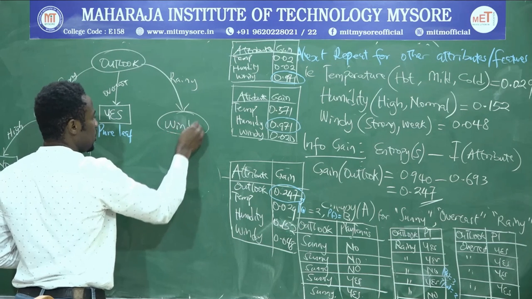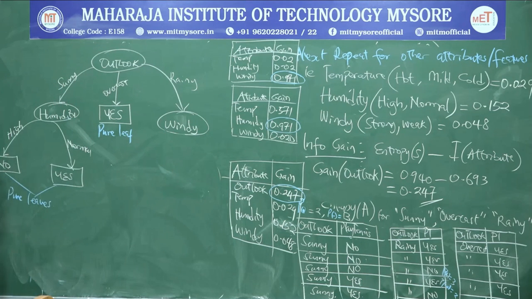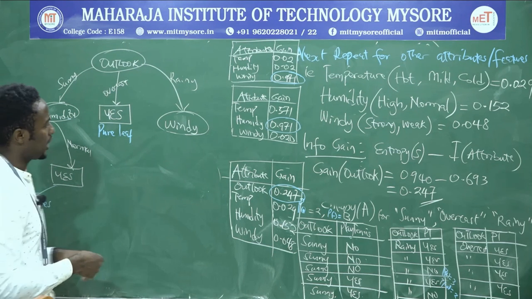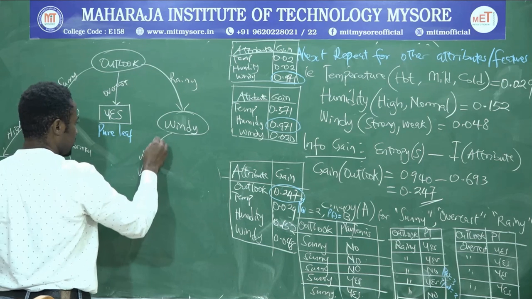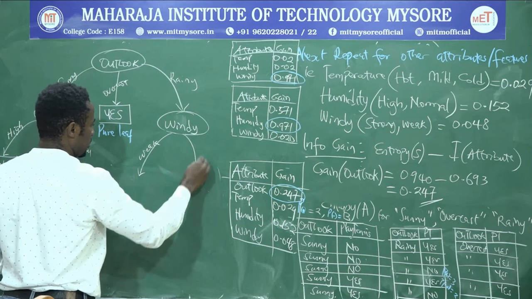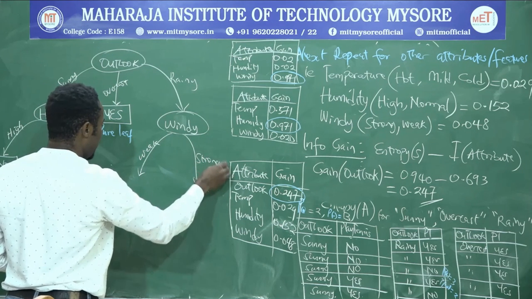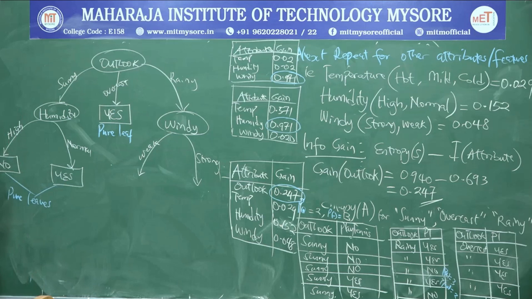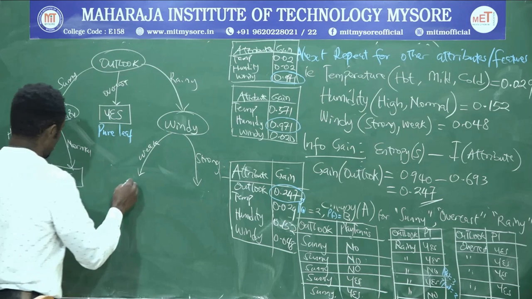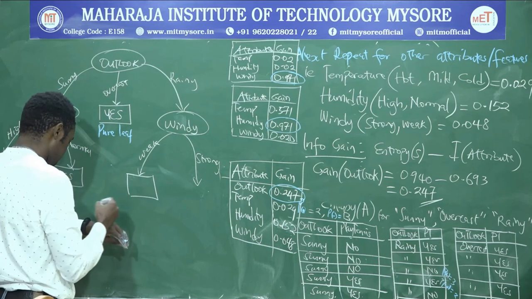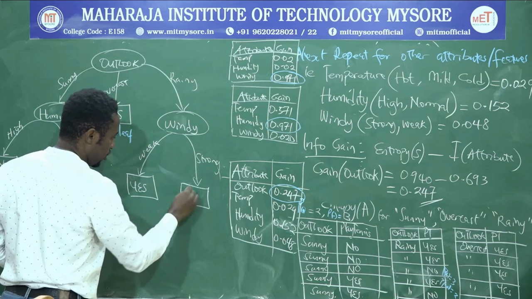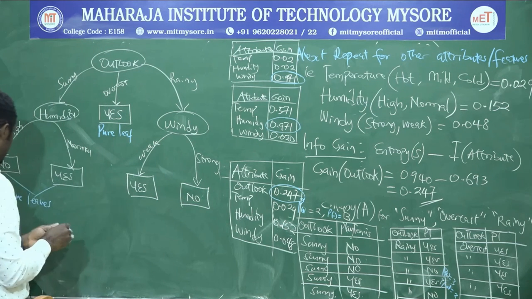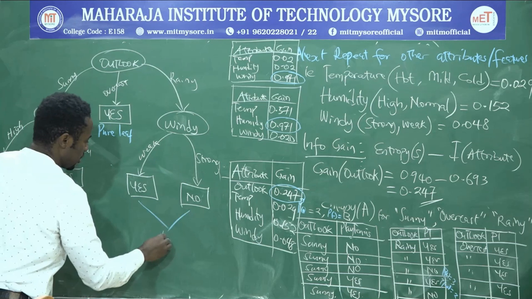Windy had two sub-attributes, which are weak and strong, or strong and weak, if you've made the table. So for weak, it was yes, and for strong, no. Weak, yes, and strong, no. So again, we have obtained pure leaves.